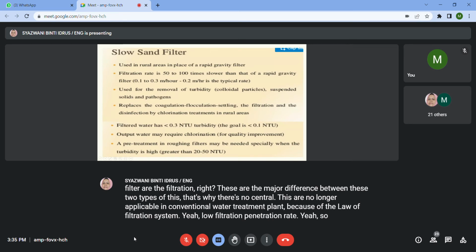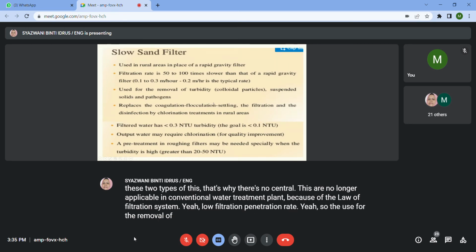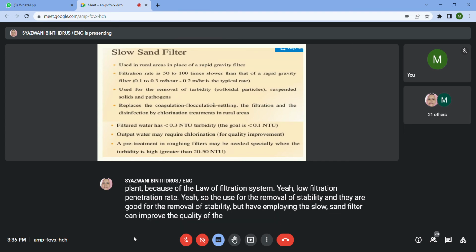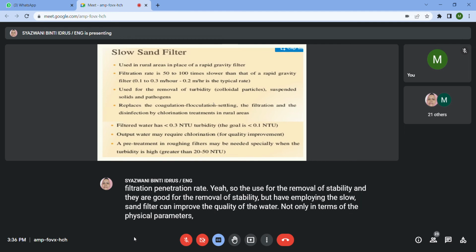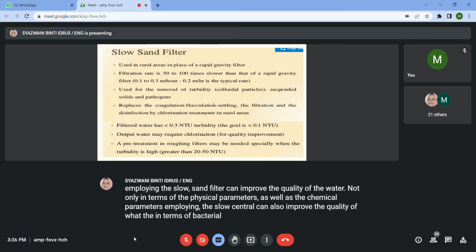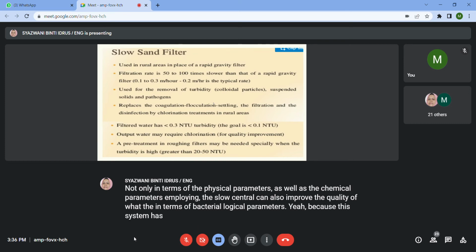They are good for the removal of turbidity, but employing the slow sand filter can improve the quality of the water not only in terms of the physical parameters as well as the chemical parameters. Employing the slow sand filter can also improve the quality of water in terms of bacteriological parameters, because this system has the ability to remove the E. coli as well as the coliform.